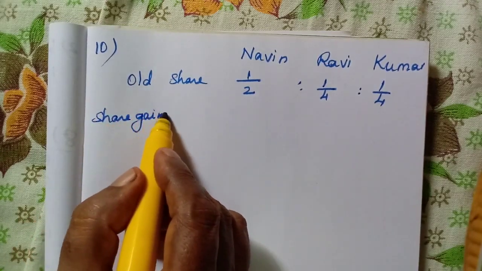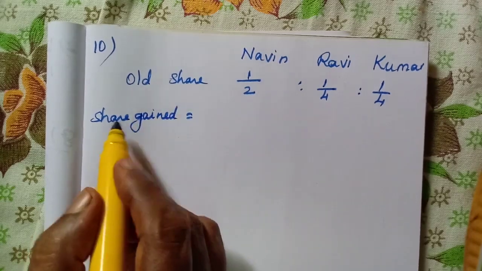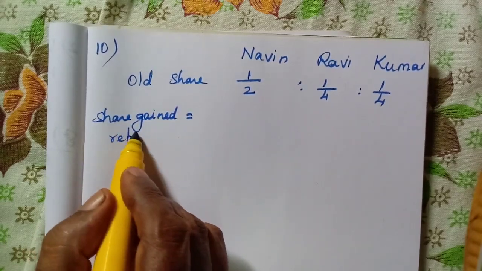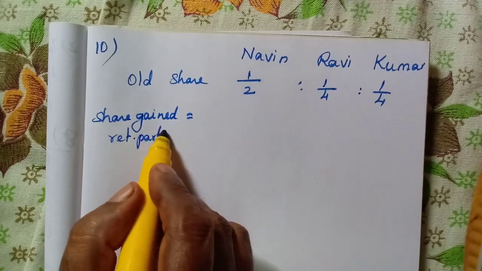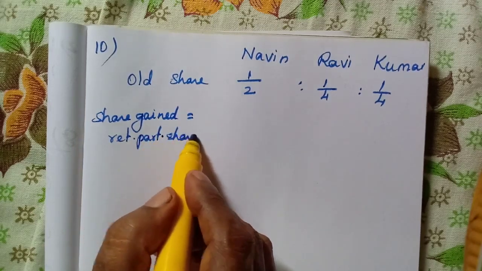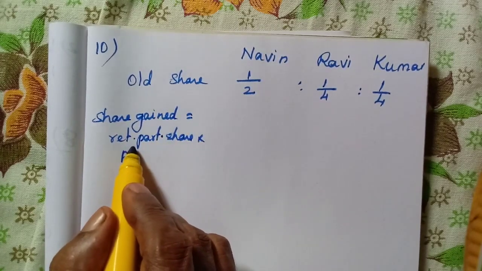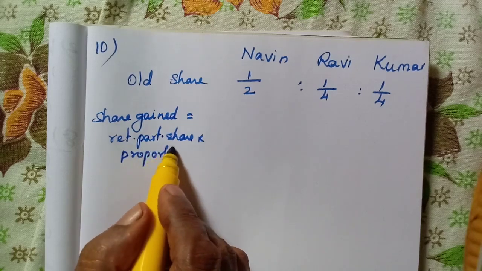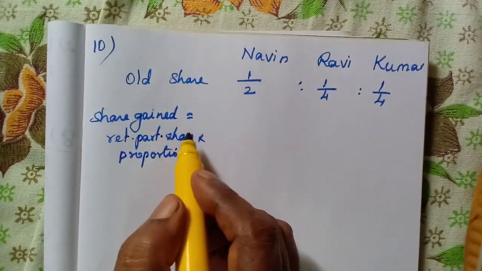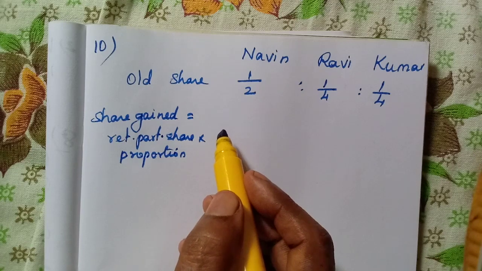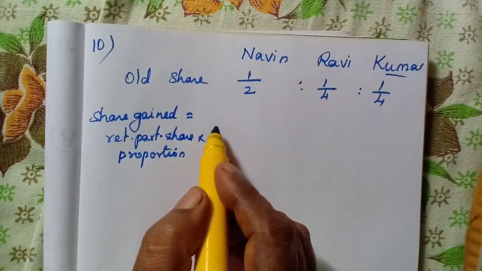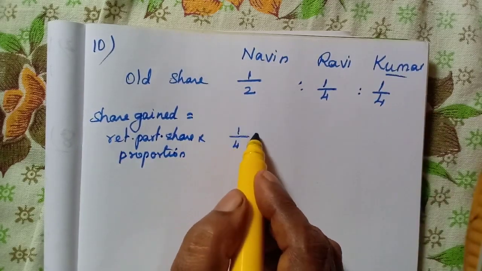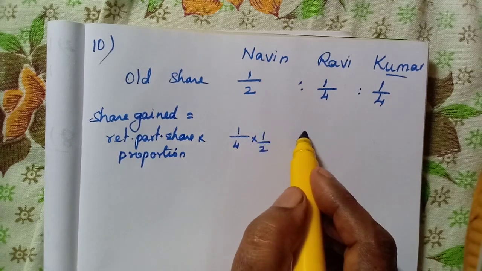How to calculate? Share gained is equal to retiring partner's share into proportion. Proportion equal, isn't it? What is the retiring partner share? Who is going to retire? Kumar. So 1 by 4 into 1 by 2.